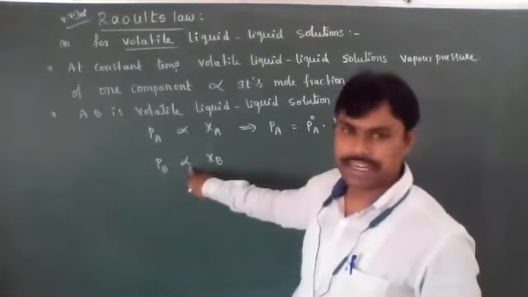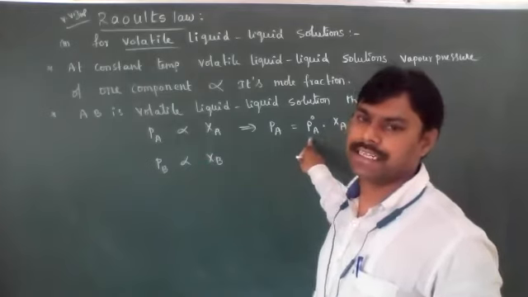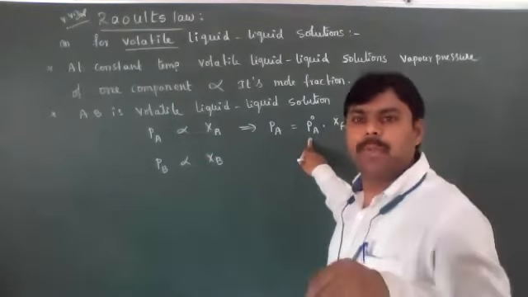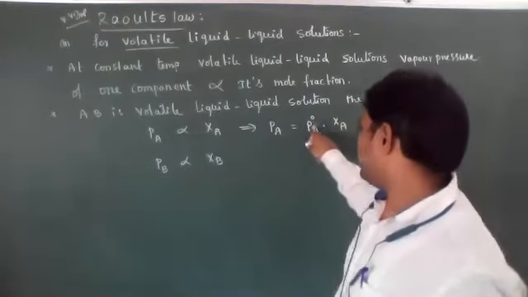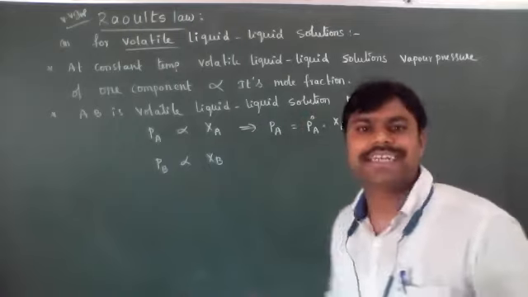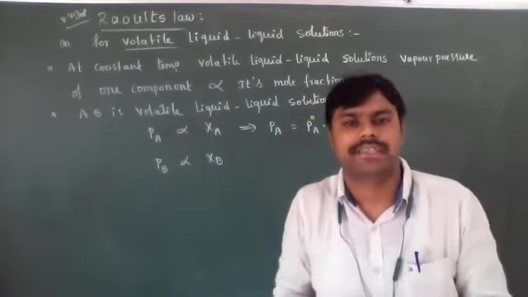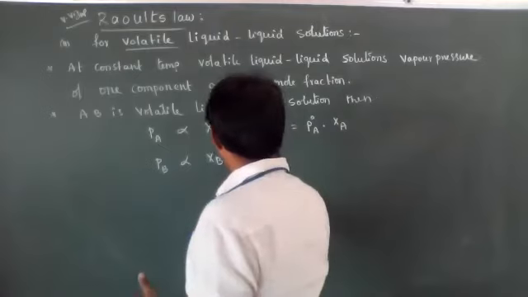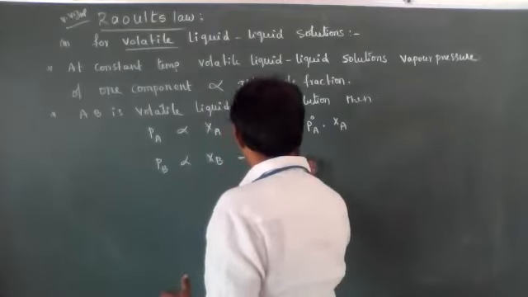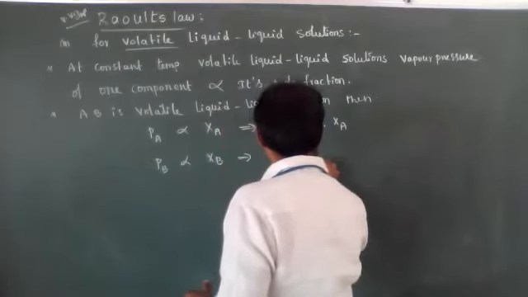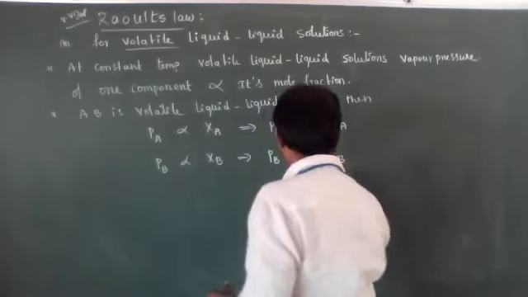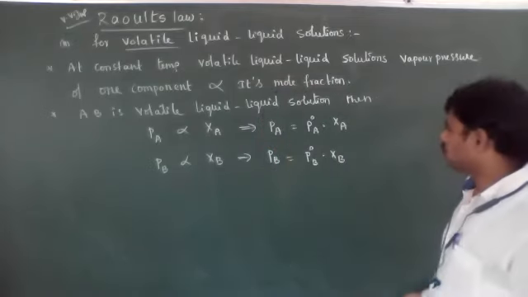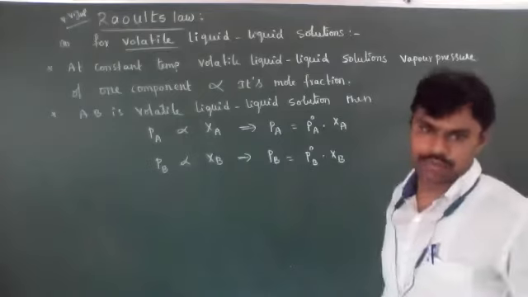To remove the proportionality, we multiply by the vapor pressure of that component in pure state, because it is constant at constant temperature. Then PB is equal to P naught B into XB. So this is equation 1 and this is equation 2.